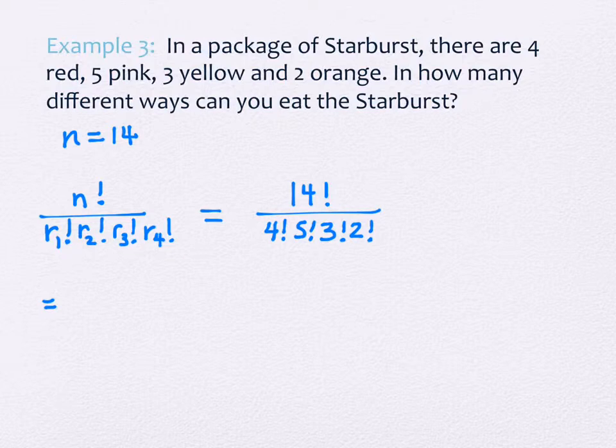So here's what we can do. Whichever one is the largest in the denominator, and in our denominator right now, that's the number 5. We're going to write the 14 out until we get to 5, and then we're going to stop, and we're going to write 5 factorial. So it's going to look like this. 14 times 13 times 12 times 11.